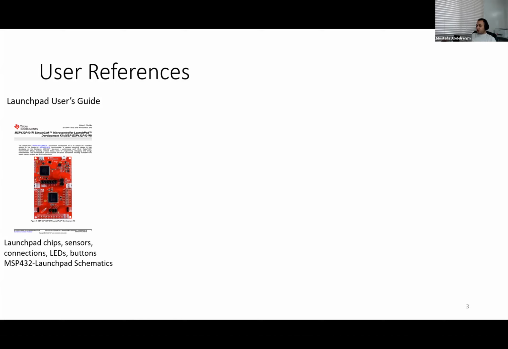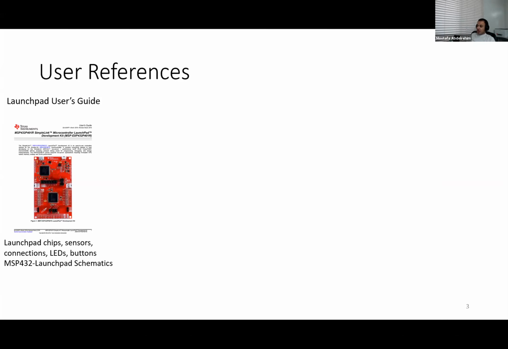This Launchpad user's guide contains the basic information about the Launchpad itself, the small kit that has a microcontroller above it, not the whole kit. It contains the schematic of this Launchpad, what peripherals are there, for example LEDs, buttons, switch buttons, all such stuff, and how they're connected to the microcontroller.